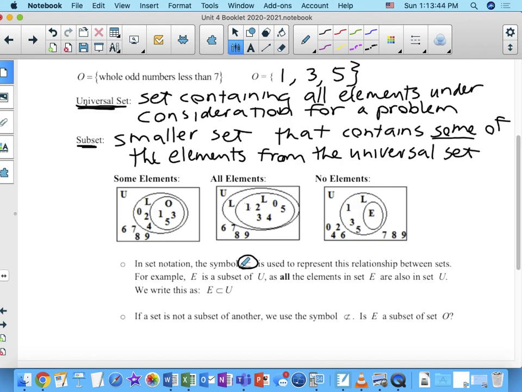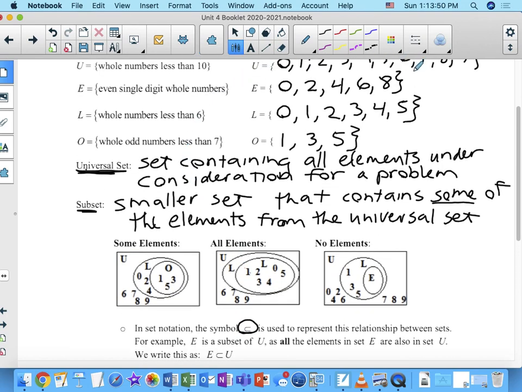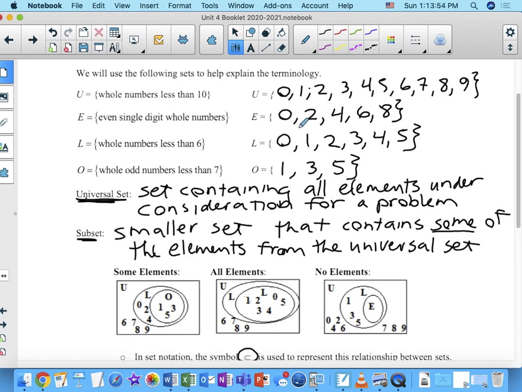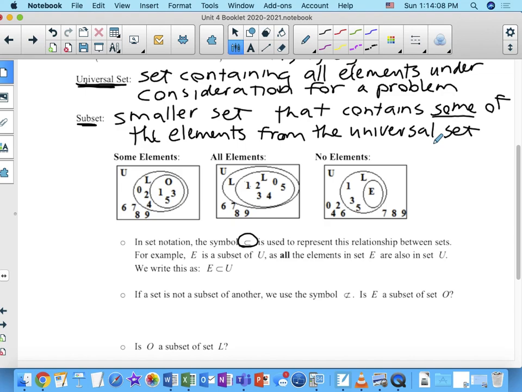So in this example above, the set E, even single-digit whole numbers, is a subset of the universal set because 0, 2, 4, 6, and 8 are all within U. This one is in U, 2 is within U, 4 is within U, 6 is within U, and 8 is within U. So we can say E is a subset of U.